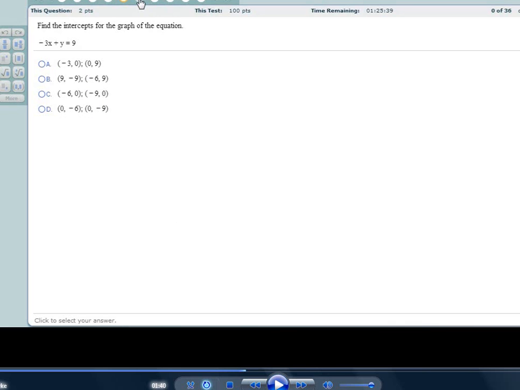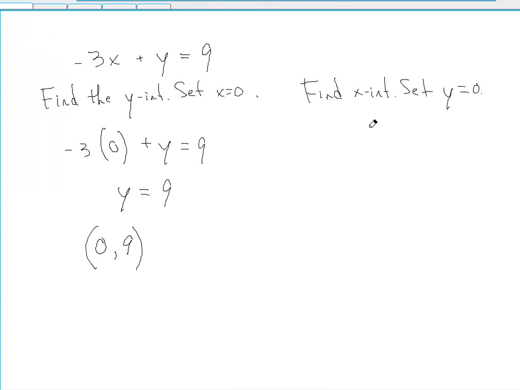Now, just for the sake of argument, and we'll do it on this video, we'll find the x-intercept too, which means we plug in 0 for y now, and now solve it for x. And you'll see that when you divide both sides by negative 3, you end up with x equals negative 3.